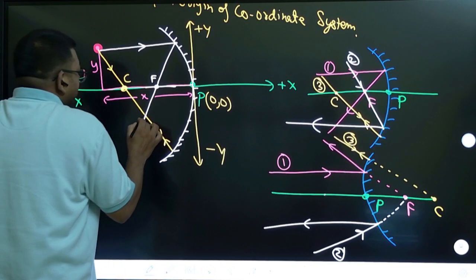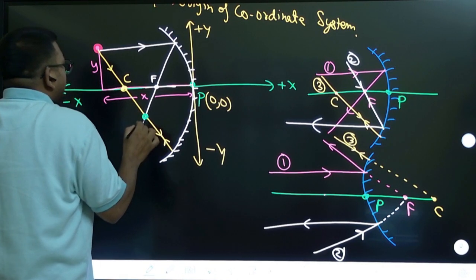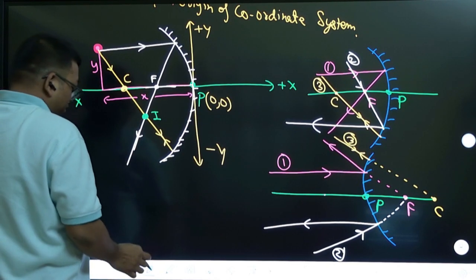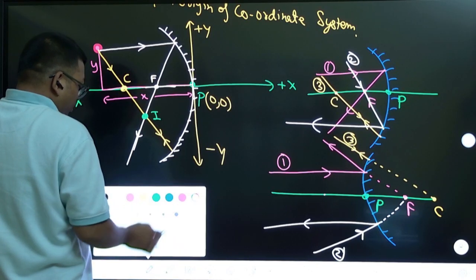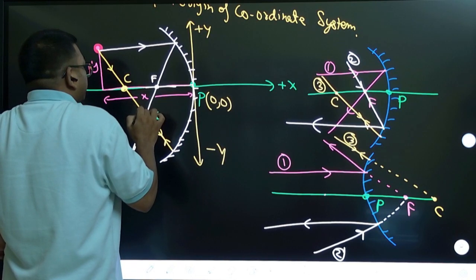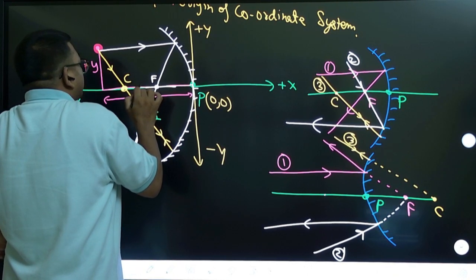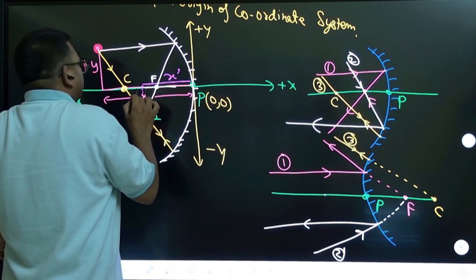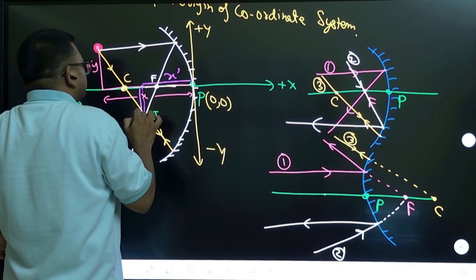Note that these two reflected rays meet here. This point is representing the image. If I drop a perpendicular here, this distance will represent x dash, and this vertical distance will represent y dash.